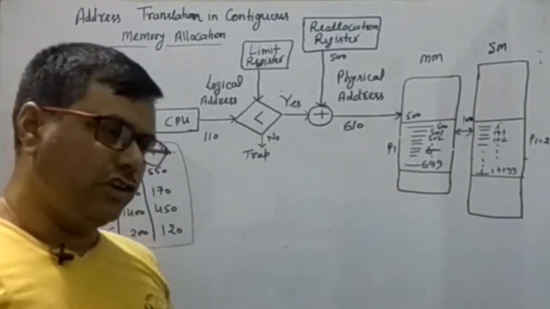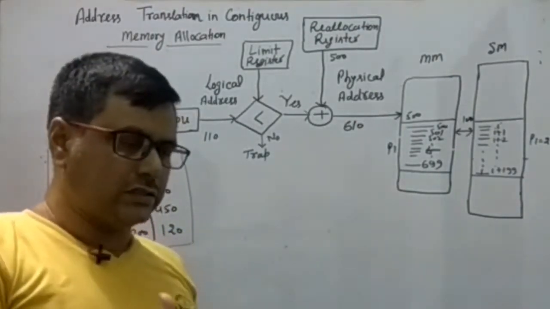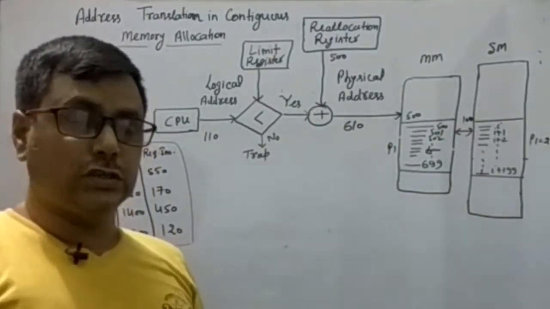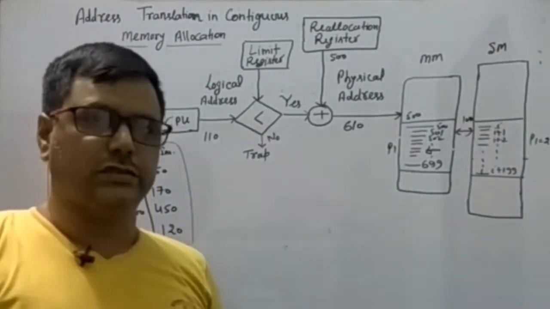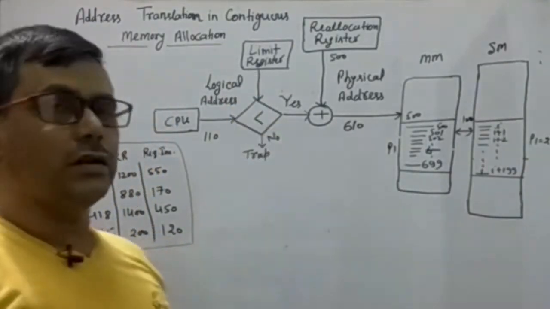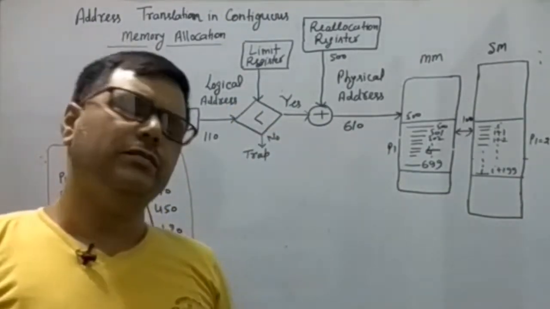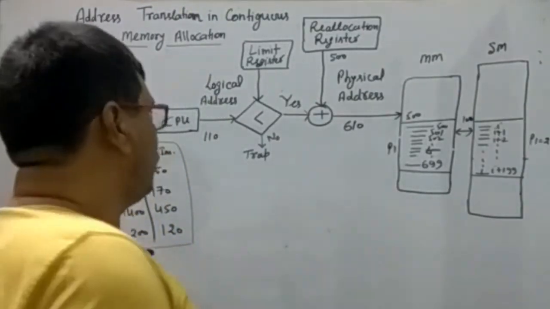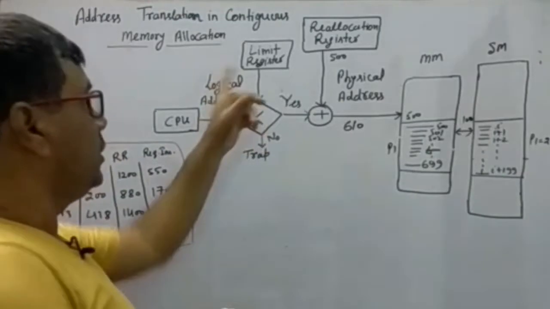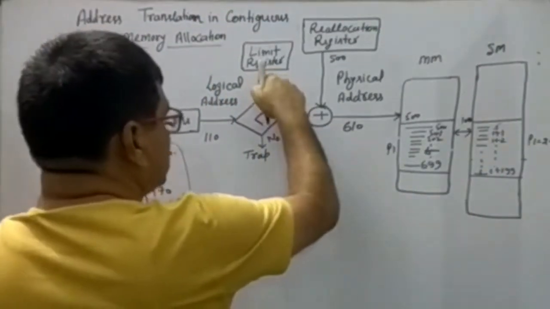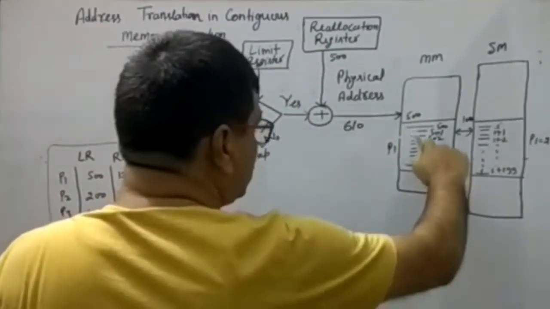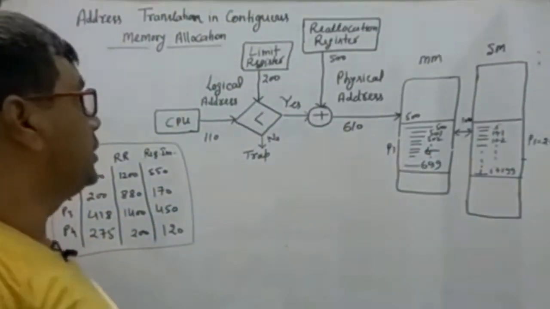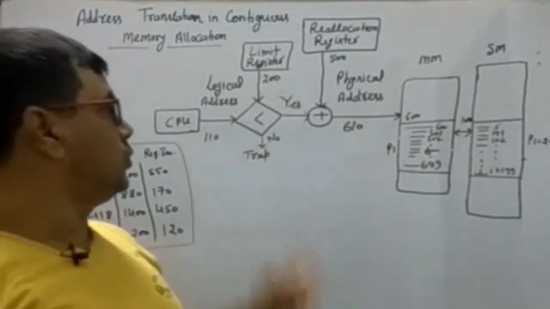For example, if any process wants to access some instruction which is beyond the boundary of that process, then this limit register will prevent it, whether intentional or unintentional. The value of the limit register will be equal to the size of this process. Here, the limit register is equal to 200.